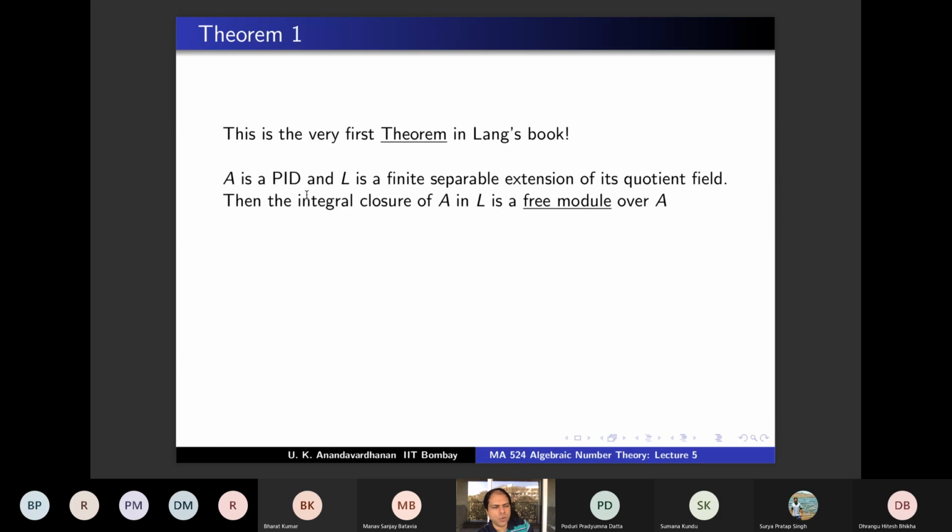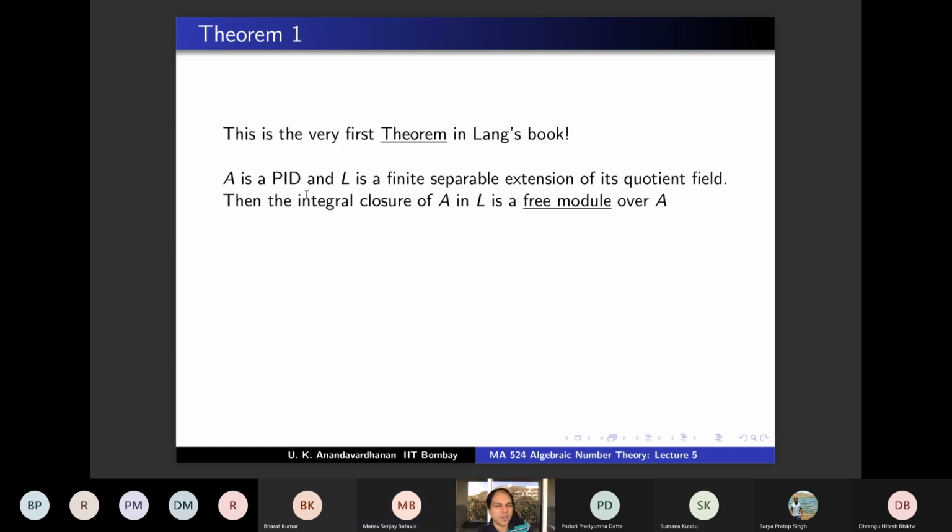So the answer is yes or no. Suppose the answer is yes. Will you ask one more question? There's automatically one more question which you are bound to ask. See, suppose it's finite. What is the dimension then?